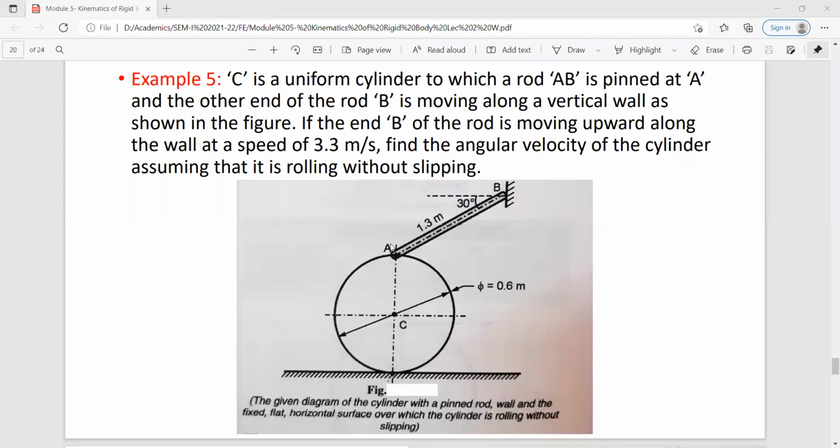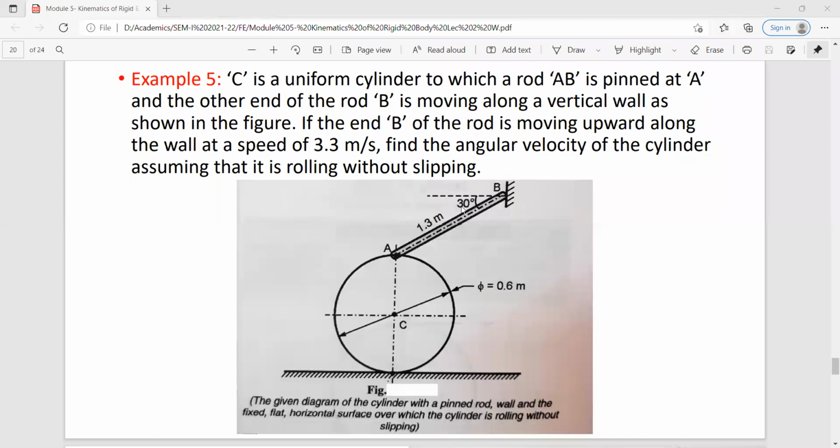Rod AB is here, A, B. So this rod is pinned on the cylinder at this point. What does it mean? That there is connection between cylinder and rod at point A.